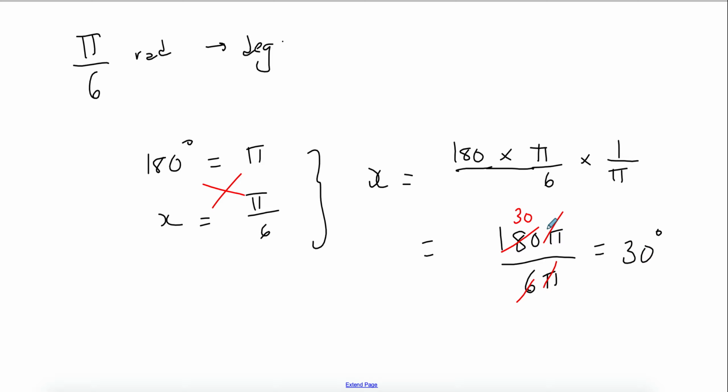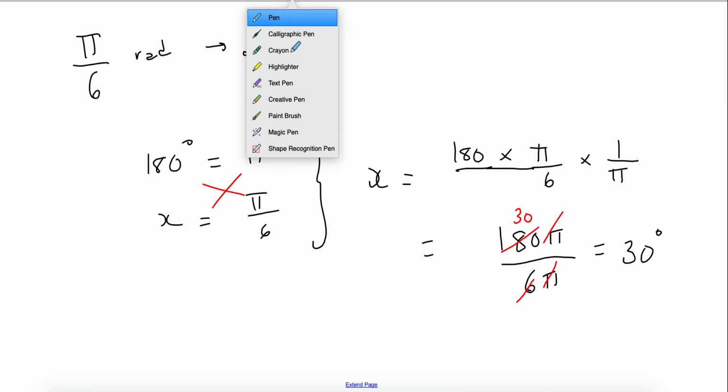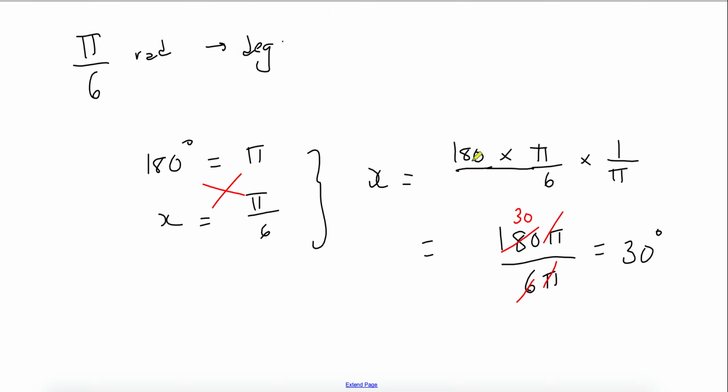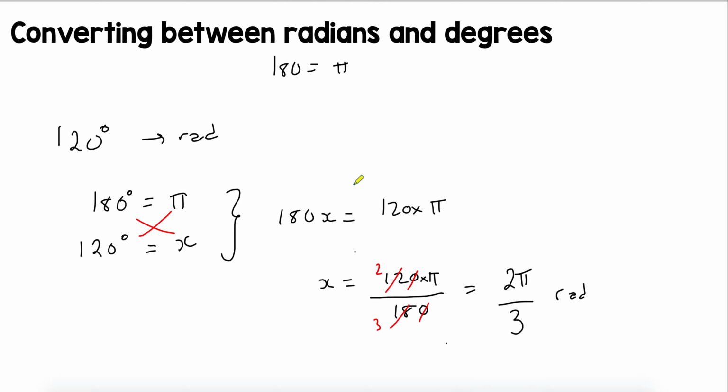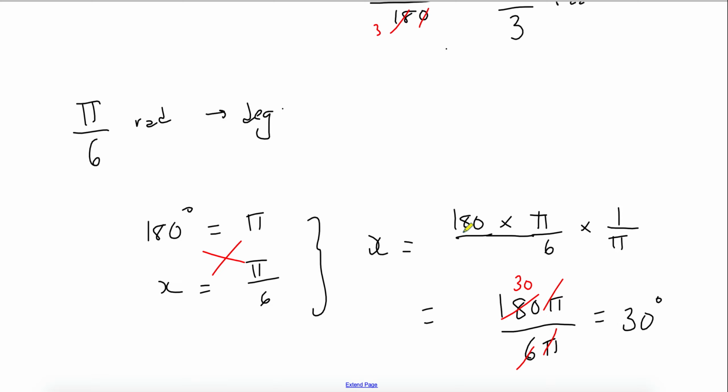So hopefully this video is clear in terms of conversion. You can memorize the method, as I mentioned in the beginning. It's 360 divided by 2 pi that would convert radians to degrees, which is this 180 divided by pi.